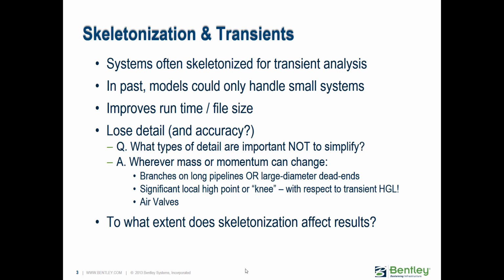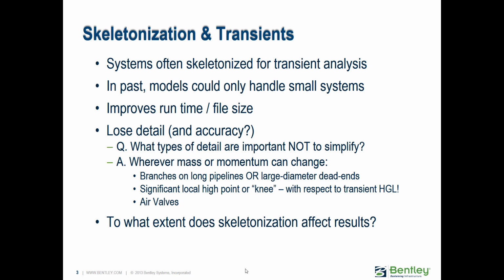So, skeletonization and transients. Systems often are skeletonized for transients because usually you don't need to analyze the entire city model. It would just take too long, and it would take a lot of time to clean up the little things that you could maybe get by with in WaterCAD or WaterGEMS. HAMMER, as we talked about before, is picky. It is more sensitive to modeling artifacts and little things that may have been fine in WaterCAD or WaterGEMS, where you may have gotten the right pressures for that type of analysis.